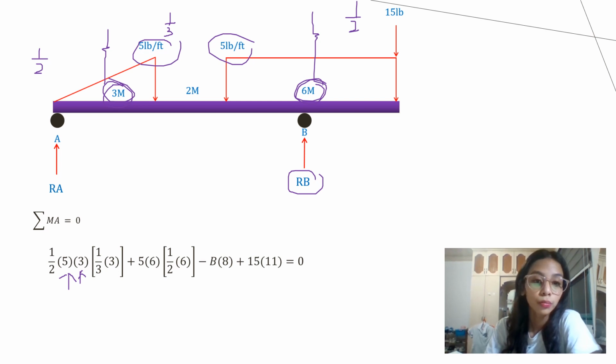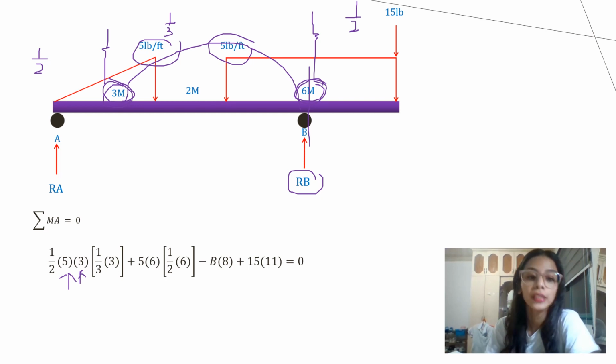and the moment of RB is counter to A, so it is negative. So our RB is negative times the distance, 6 and 3 since it is right here. So it's 3 plus 2 plus 3, so it is 8.